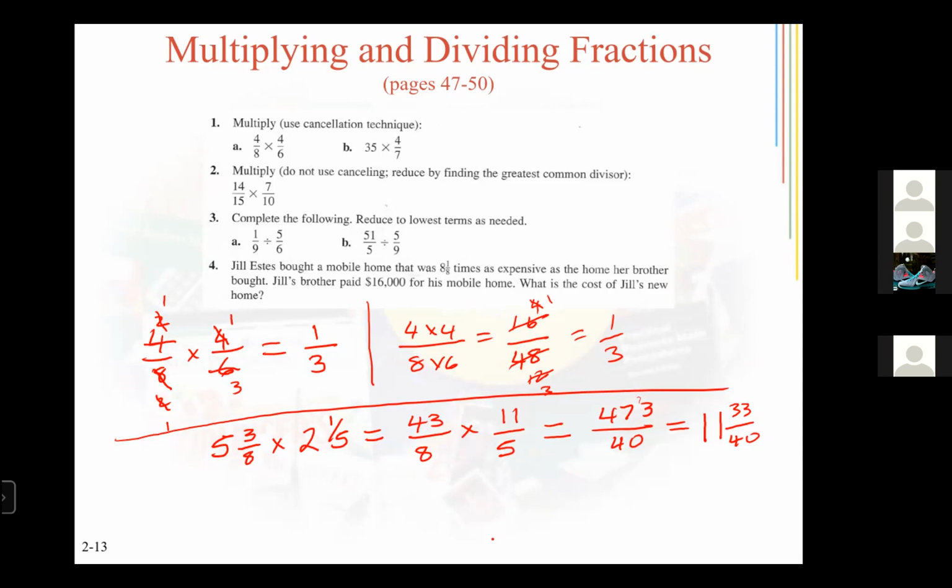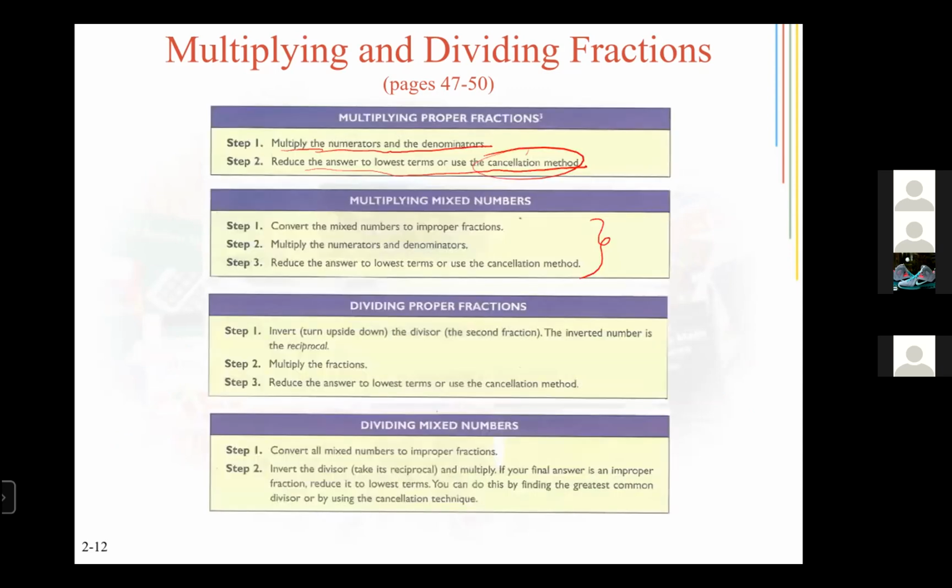Okay, now look at what they say for division. There's some similarity with multiplication and division, but there's something you need to do when it's time to divide fractions. What is that? First step. Step 1 right here. Turn upside down the divisor. Invert.